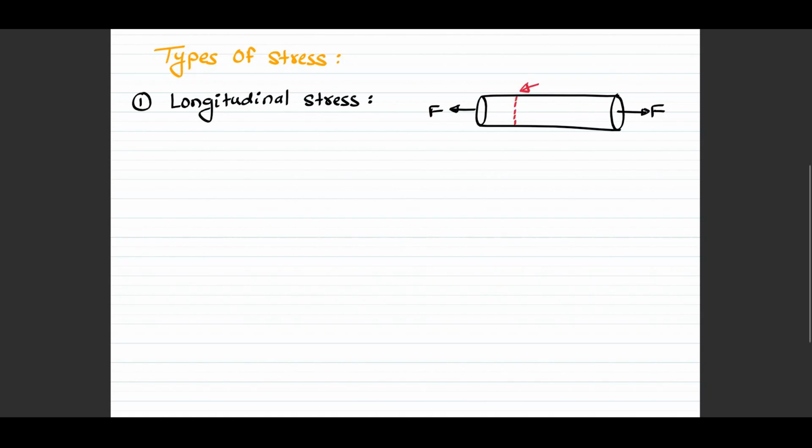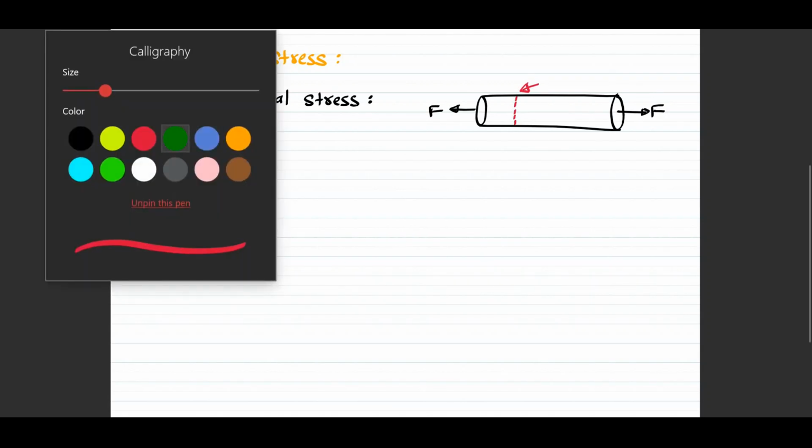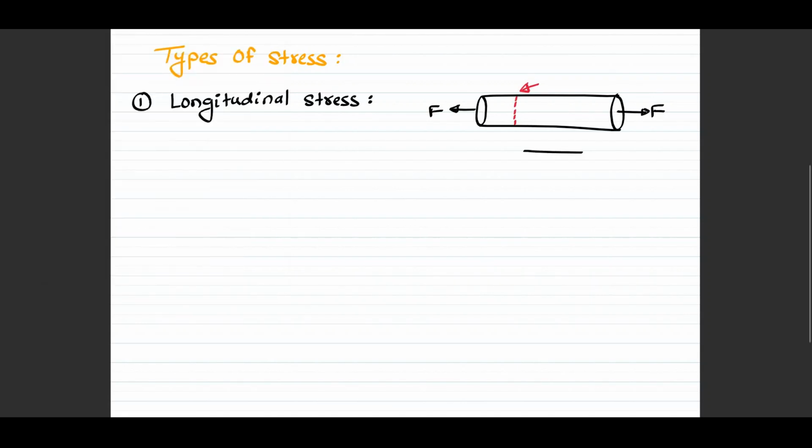So if I analyze the right part of the system, the entire thing had net force 0, so the segment will also have net force 0, so this will be F. Now you can see this is the cross-sectional area and this is the restoring force. They are at an angle of 90 degrees.